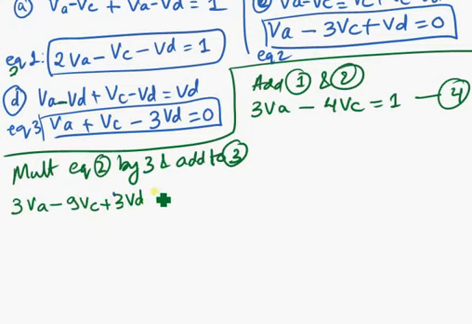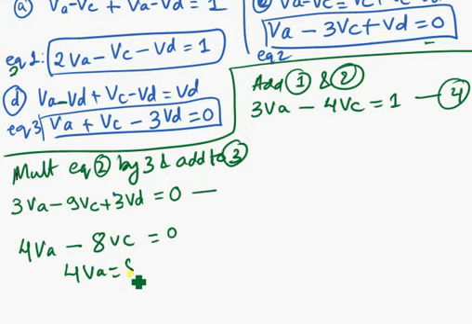Now we add expression number 3 to that. We end up getting 3VA plus VA, so 4VA, minus 9VC plus VC is minus 8VC. 3VD minus 3VD is 0, so that's equal to 0. From here we get 4VA equals 8VC. In other words, VC is equal to VA over 2.